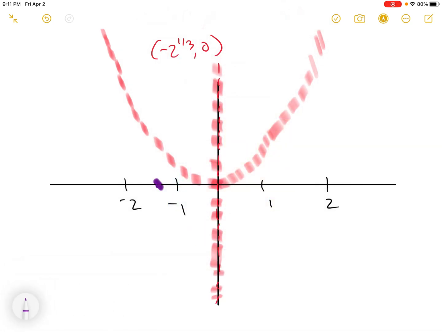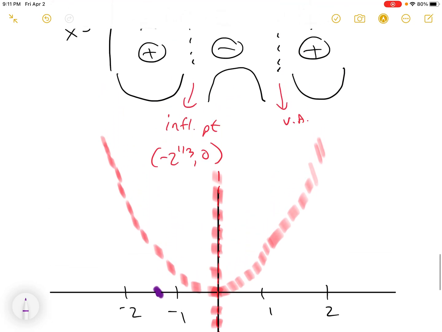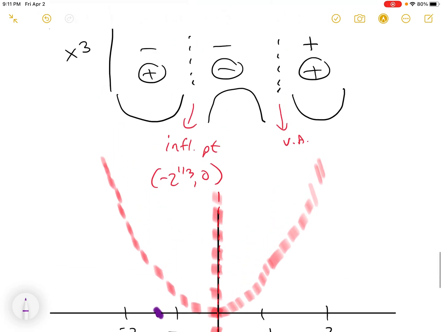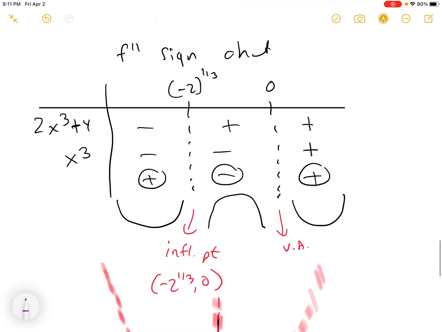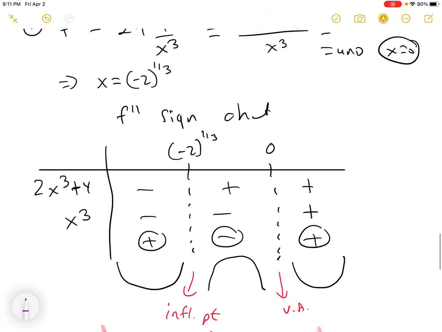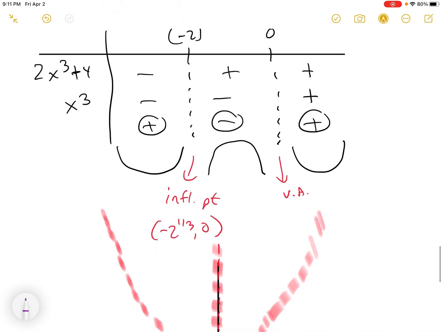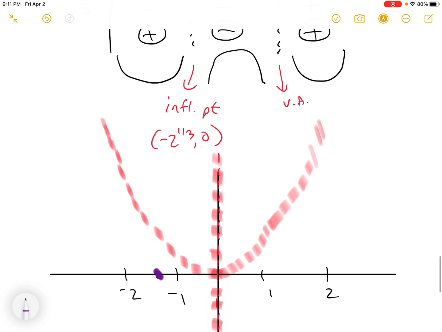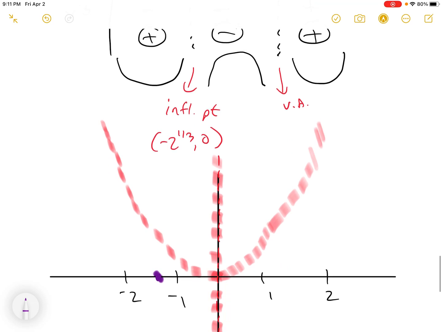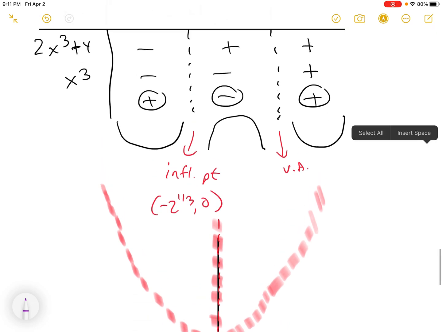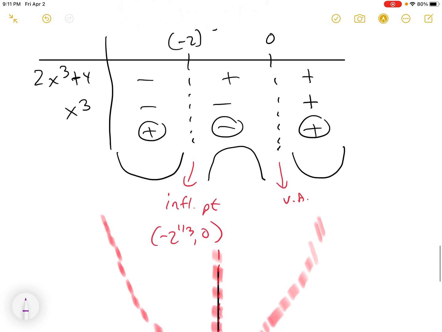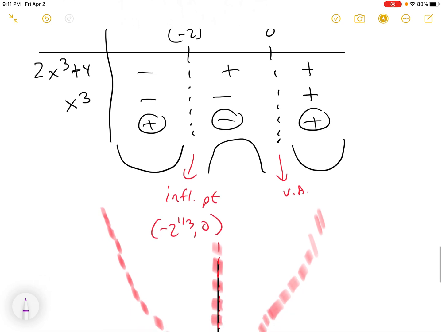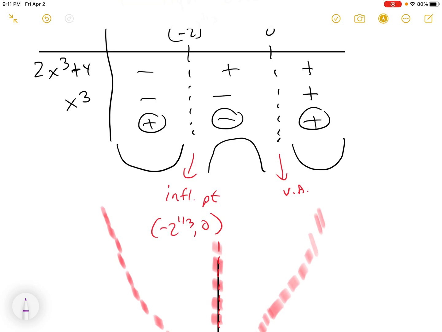And we know, what else do we know? We know that it is concave up. Concave up from -infinity to 0.